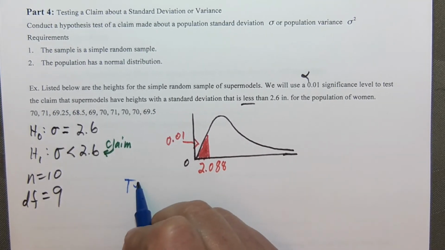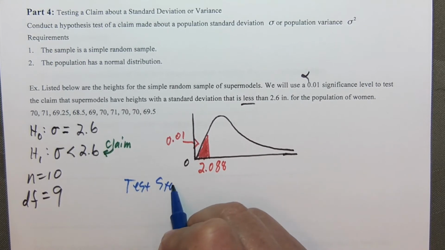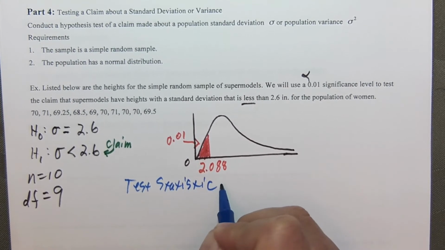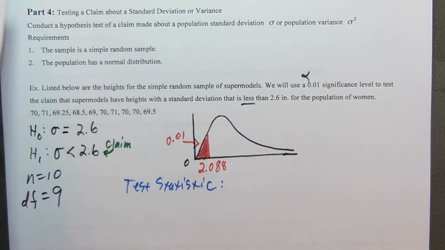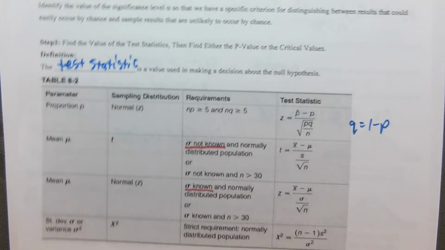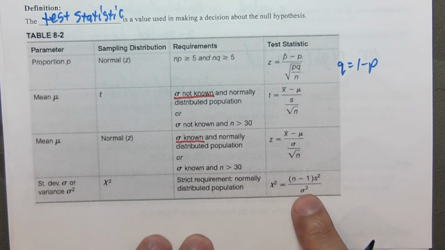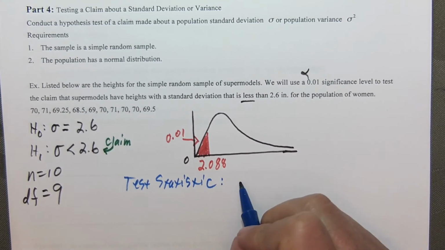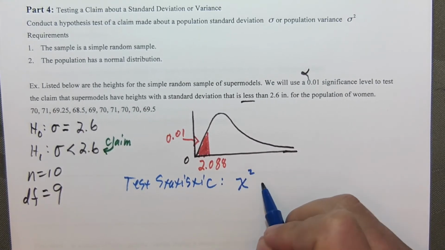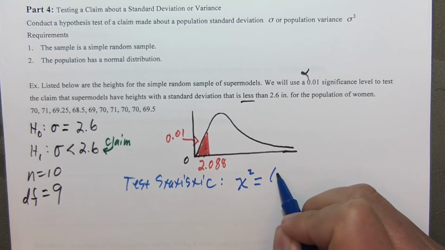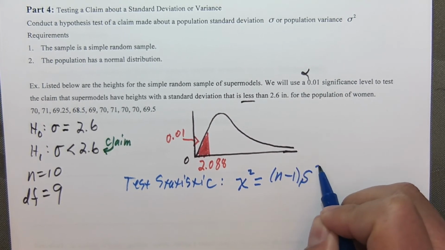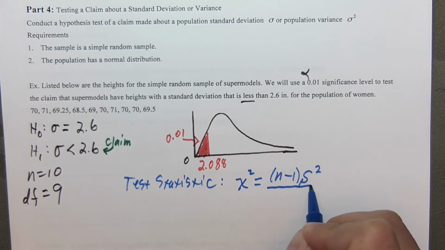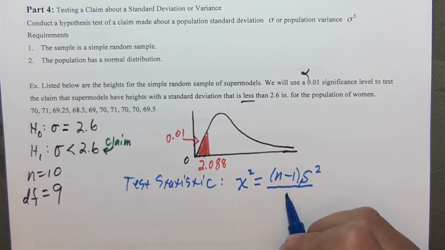Now I need my test statistic. If you remember, back in a previous talk, I gave you this table. And here is our test statistic for a chi-squared. Now remember that s here is the sample standard deviation, which we'll have to get from the data in just a second.